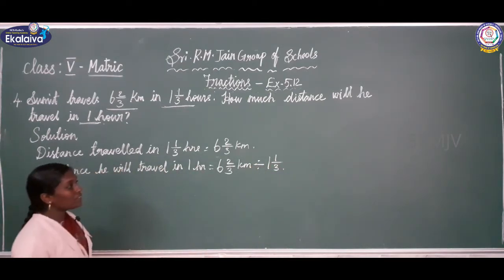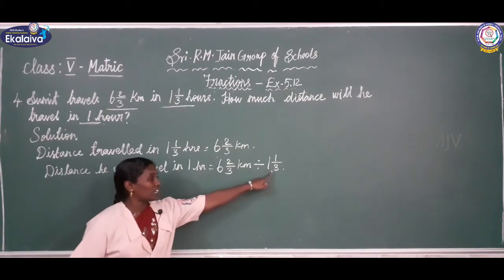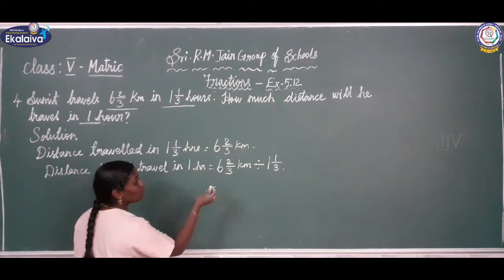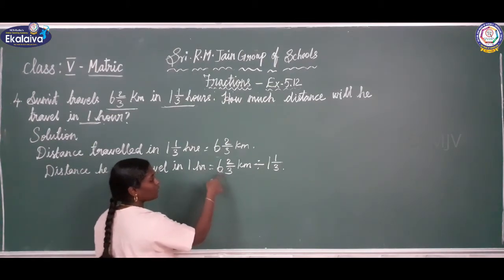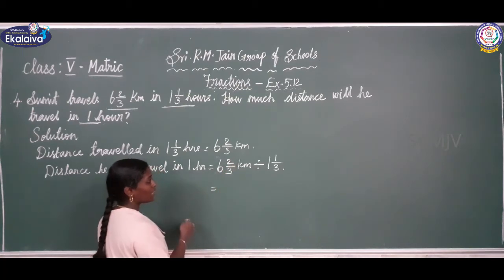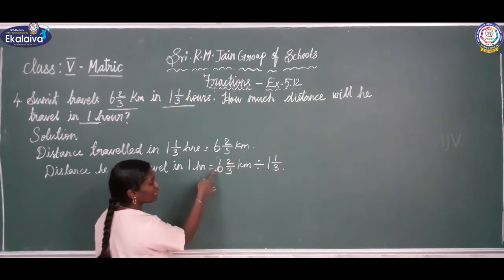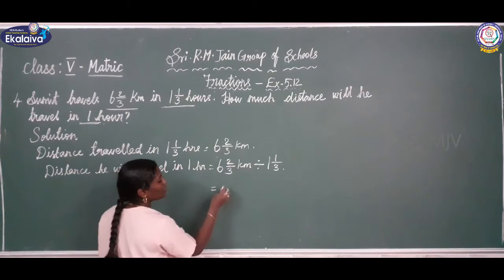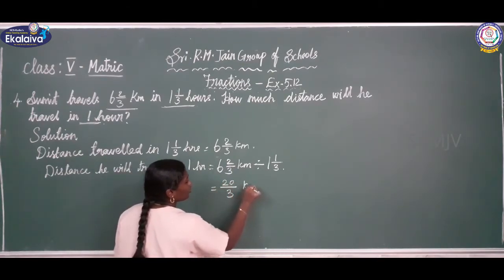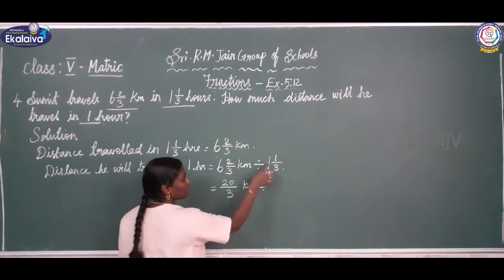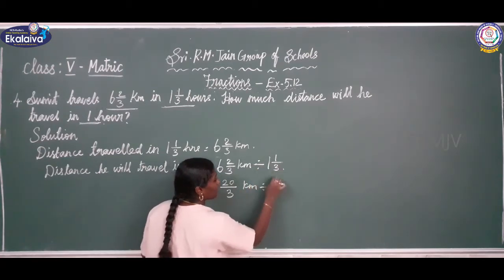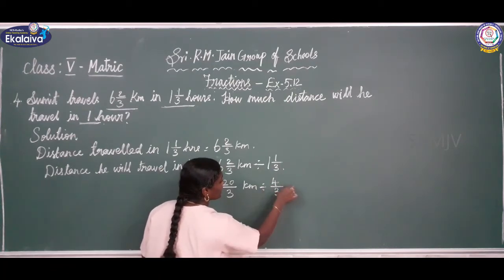Okay, here both the fractions are mixed fractions. So first we have to convert it into improper fraction. For that we have to multiply the denominator and the whole number part. Then we have to add the numerator. 6 3s are 18, 18 plus 2 20. 20 by 3 kilometer divided by, here 1 into 3, 3 plus 1 4 by 3.